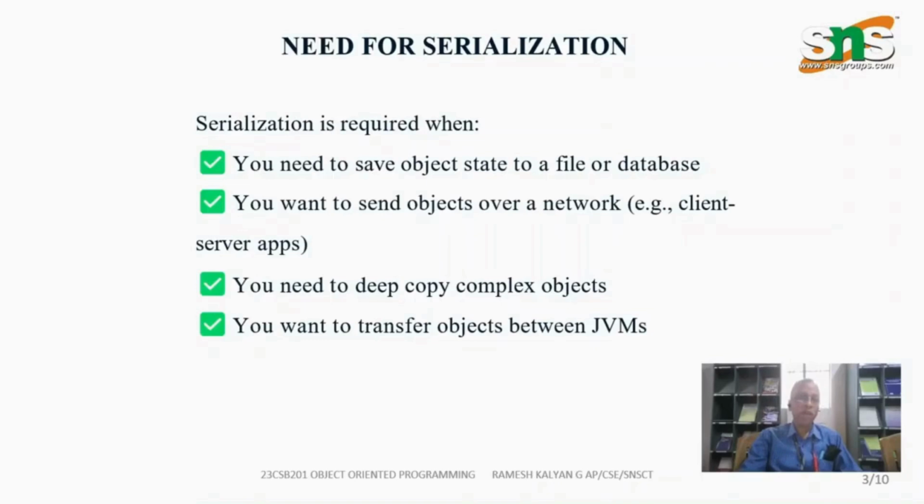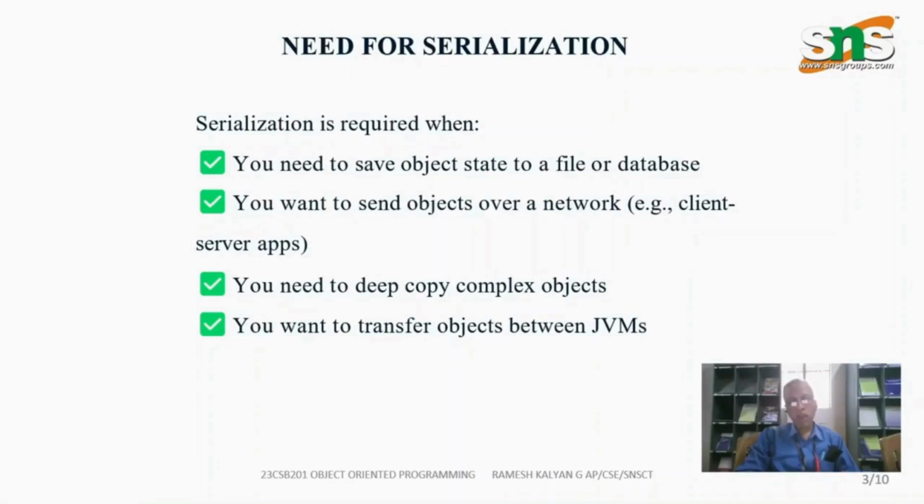For that purpose we do the serialization process. Then you can deep copy complex objects, and you can transfer objects between Java virtual machines. These are the basic things we do with serialization.